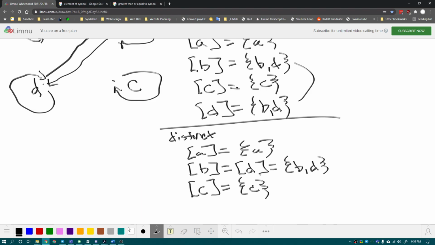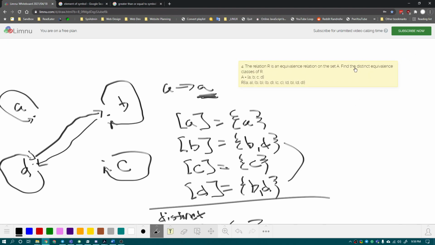Would I get points off for saying that B is equal to BD and D is equal to BD? Yes, you would, because they're looking for, he says specifically, distinct.